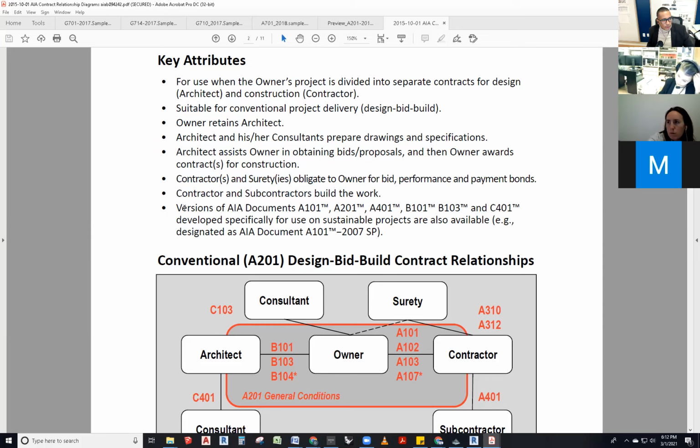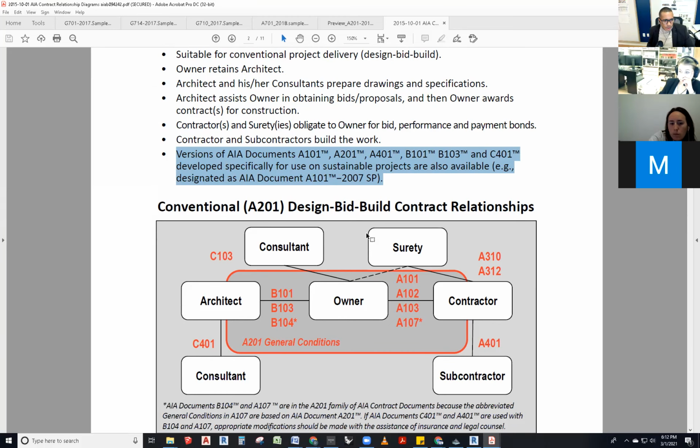The versions of the AIA documents involved here are the A101, A201, A401, B101, B103, C401. Versions developed specifically for use on sustainable projects are also available, such as the A101 for sustainable projects, SP. So those are all of those. The A201 is not in itself a contract.